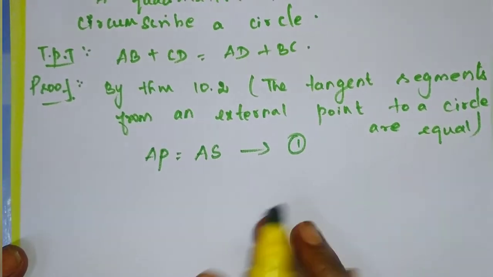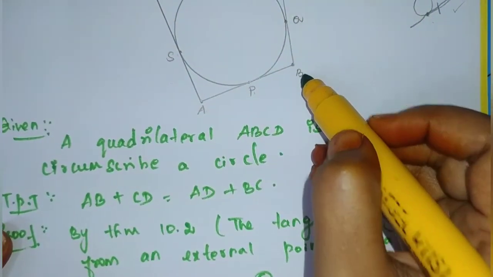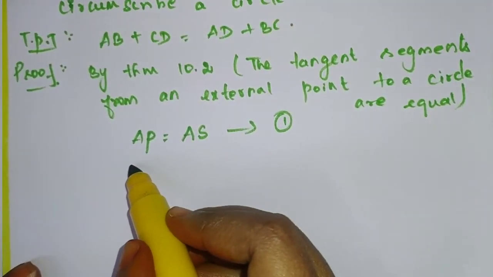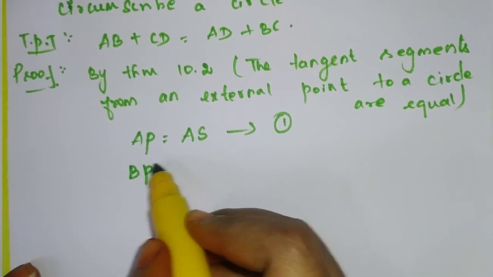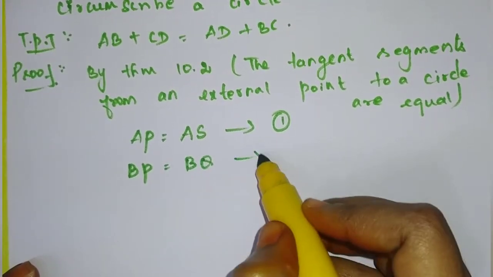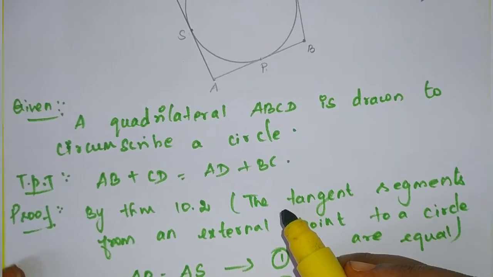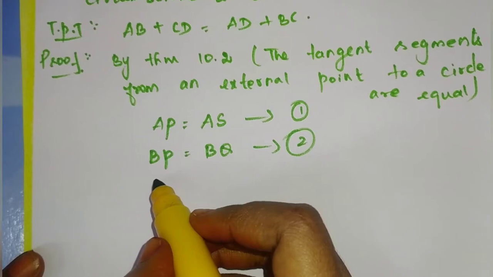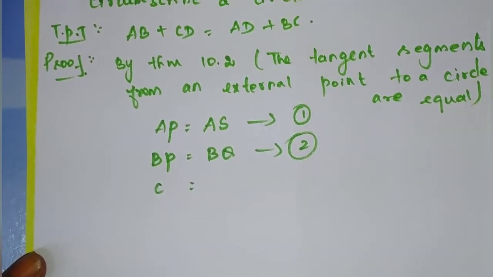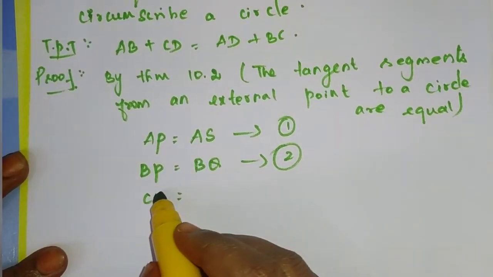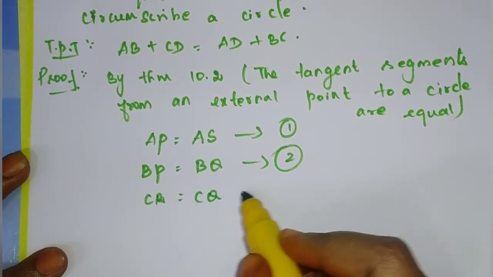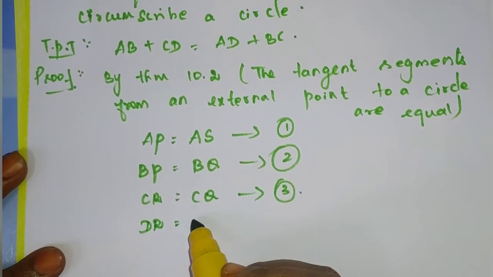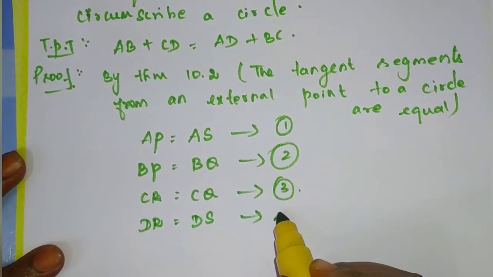Mark this as 1. If B is the external point, BP is equal to BQ. And CR is equal to CQ. Then DR is equal to DS. Mark this as 4.